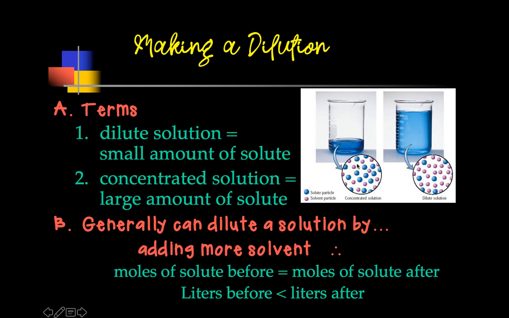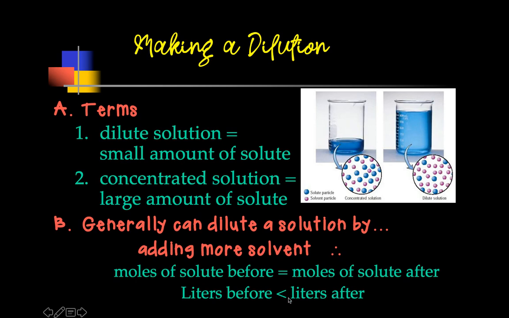The liters before is less than the liters after. Because we added more solvent, we increased our solution size, and that changes what is known as the concentration or the molarity. The amount of moles of solute stayed the same before and after, but we have a much larger solution size, or higher amount of liters, afterwards.